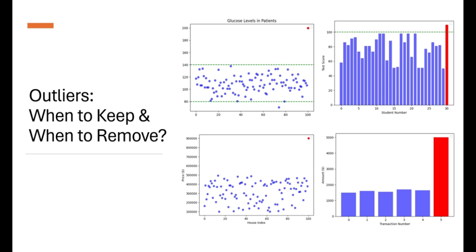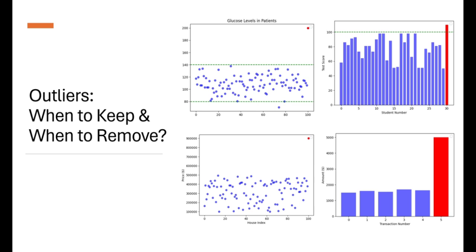This could indicate a critical medical condition rather than an error. Similarly, there is a sudden increase in the transaction. So it is an outlier, but it should be investigated whether this is a fraud or something else.